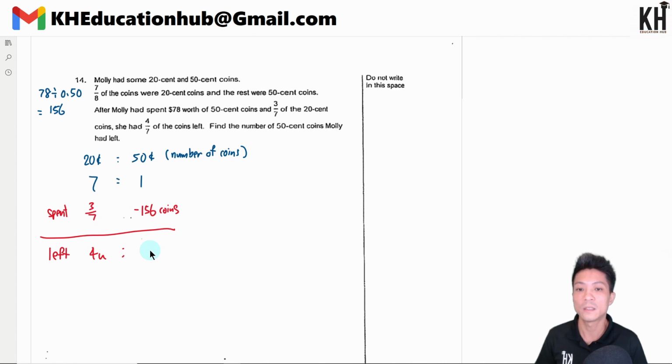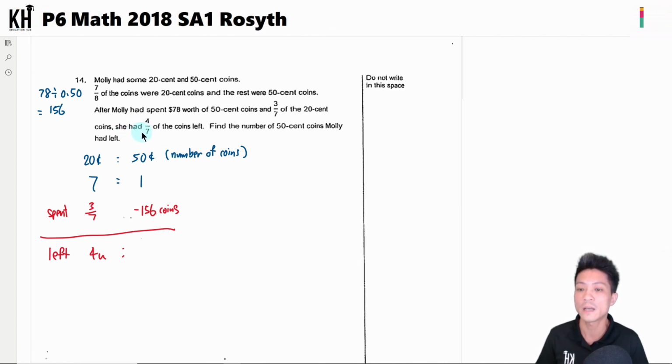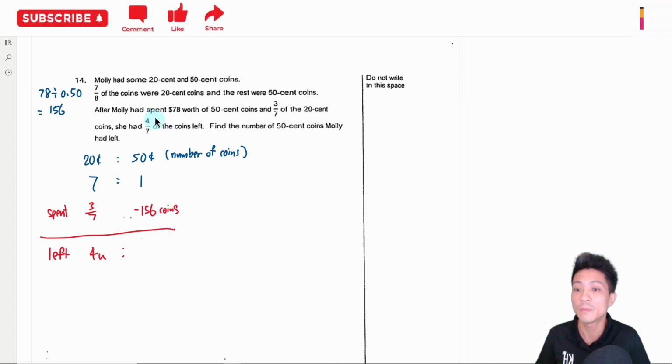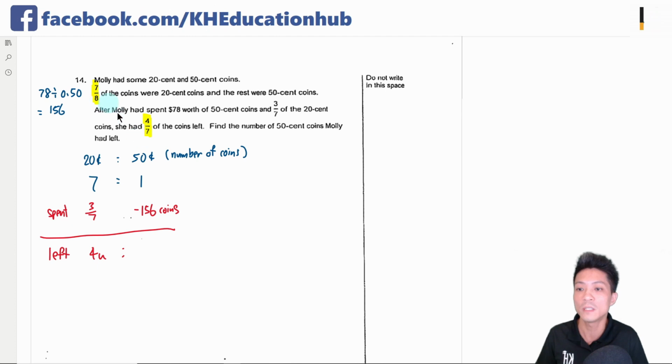And then she had 4/7 of the coins left. Now it's a bit difficult to compare between this number of coins at first and this number of coins in the end, because the denominator is different.